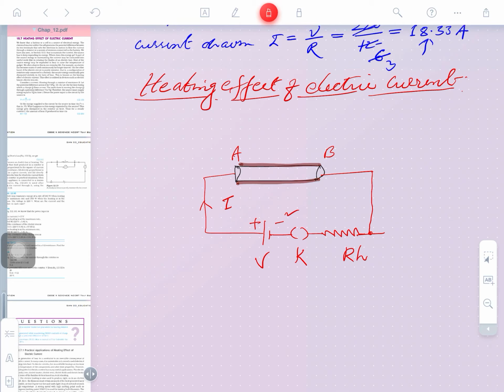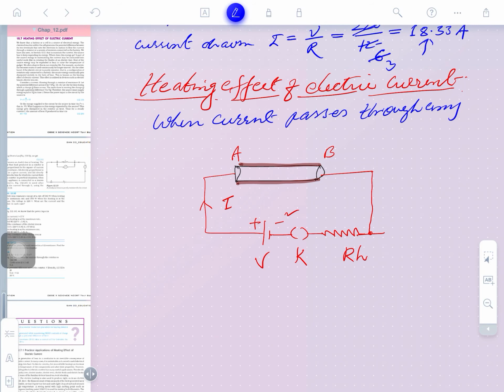So what do you understand by the heating effect of electric current? It's very simple here. Go on writing this with me, please.